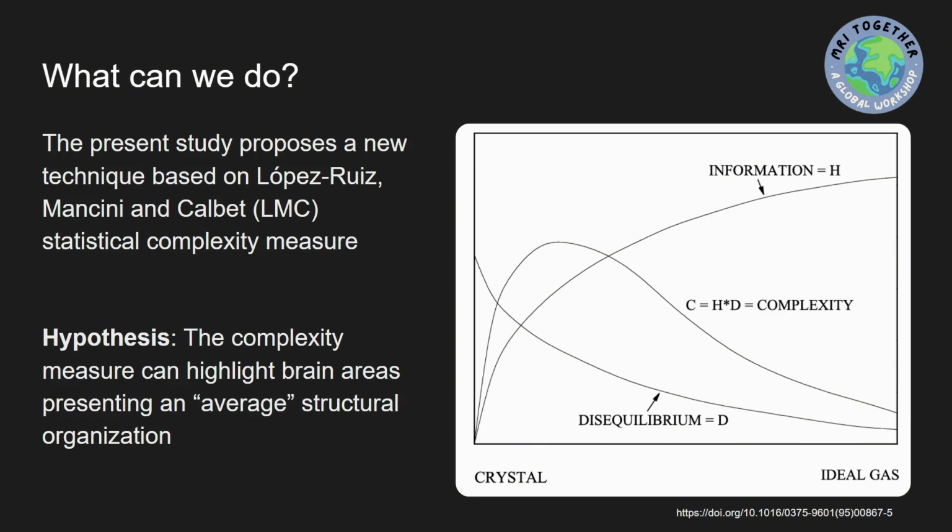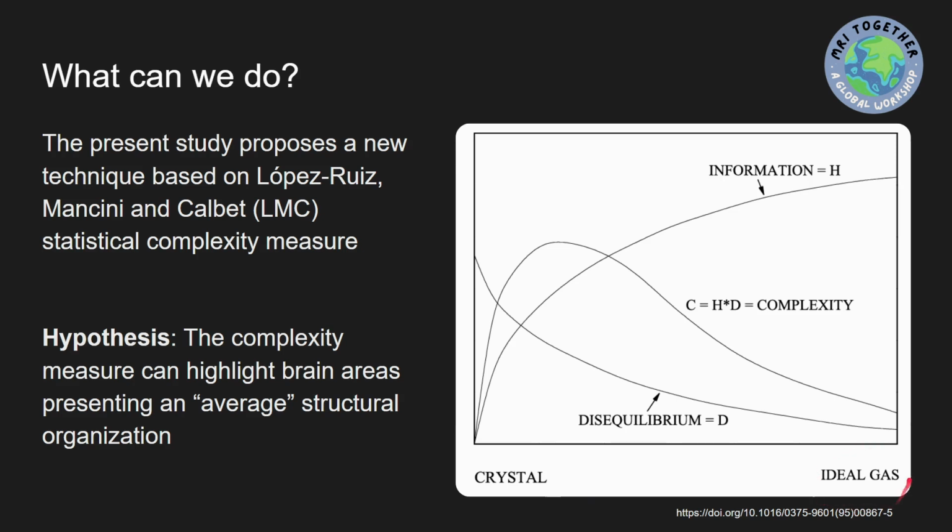The idea is to use the LMC, the Lopez-Ruiz-Mancini-Calbet statistical complexity measure, to use the same data that we acquired before, but with another calculation to give more focus on areas that represent some structure that lies in the middle between the highly restricted structure, like white matter, for example, and a very free movement around.